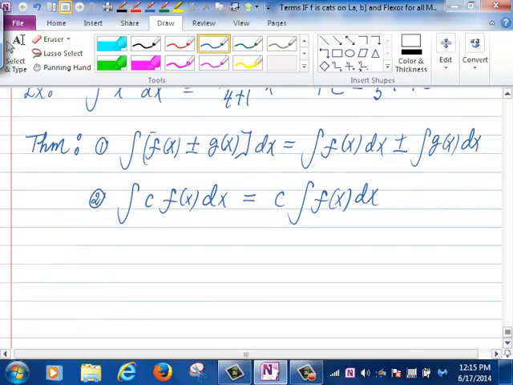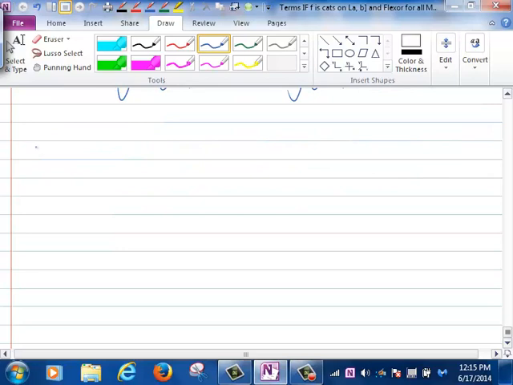So here's the example. Let's say I need to find the integral of 2x cubed minus 5x plus 3. I'm going to apply the previous theorem.